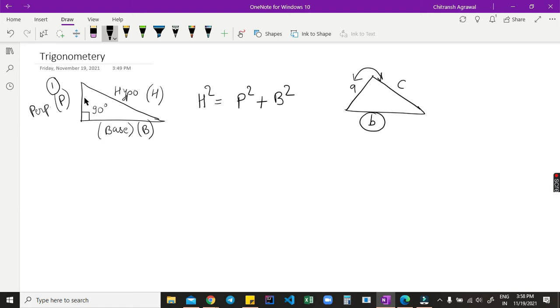But because of this theorem for the right angle triangle, we can find the third side when two sides are given. So the whole of trigonometry is derived from just this basic property of the right angle triangle, and we will look further at how we can use this property to find the various sides or the angles through it.